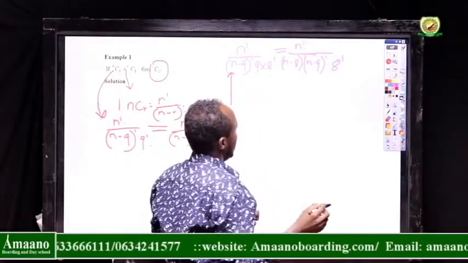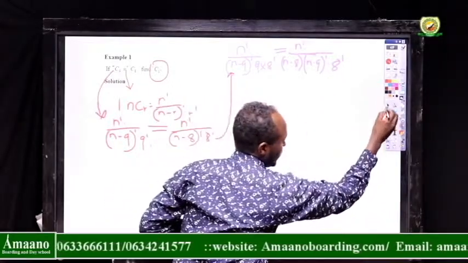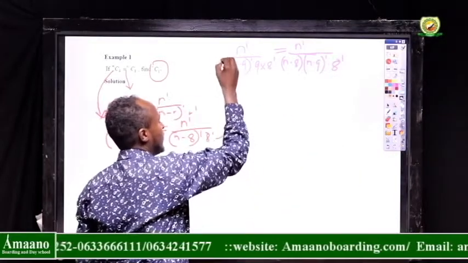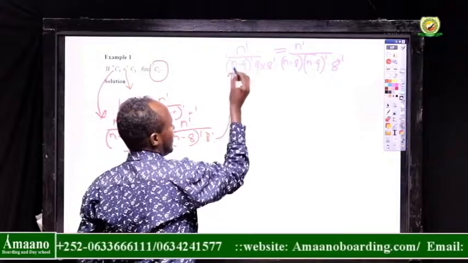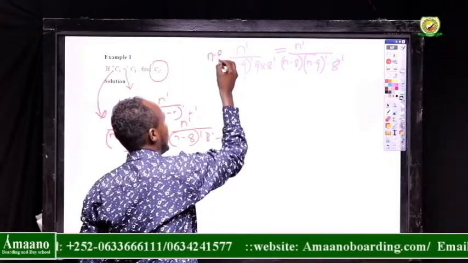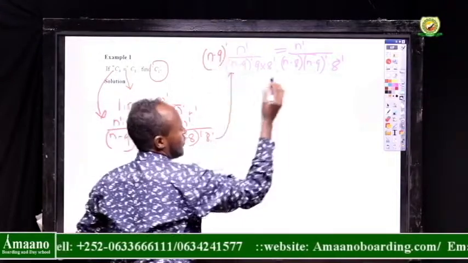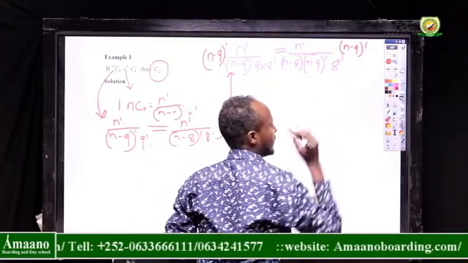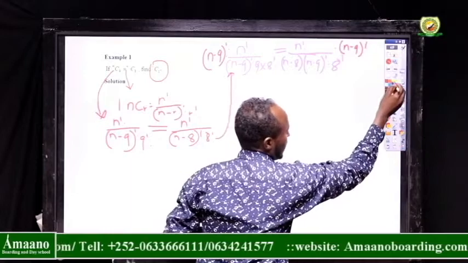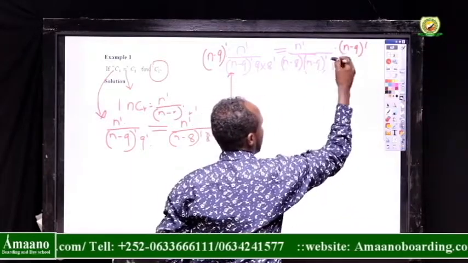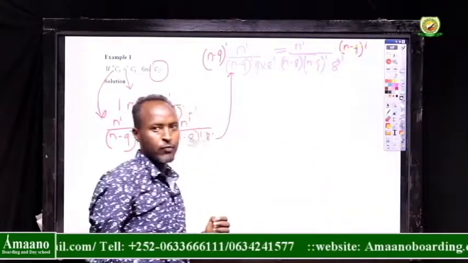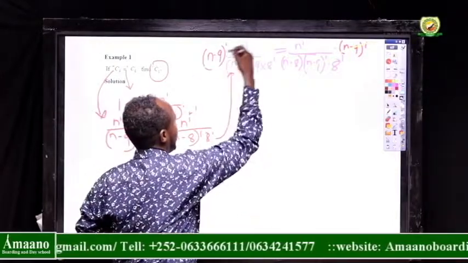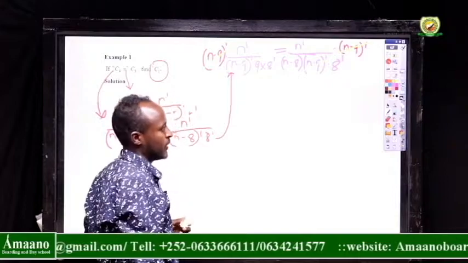Okay, look, from simple algebra, if you multiply this side by n minus 9 factorial, we can multiply the other side by n minus 9 factorial. Then n minus 9 factorial cancels out n minus 9 factorial. In the same procedure, n minus 9 factorial cancels out n minus 9 factorial.